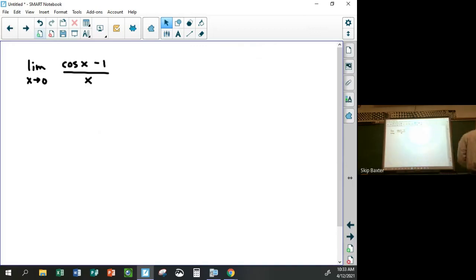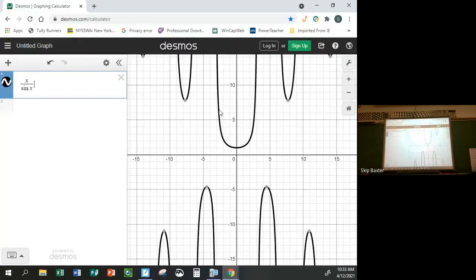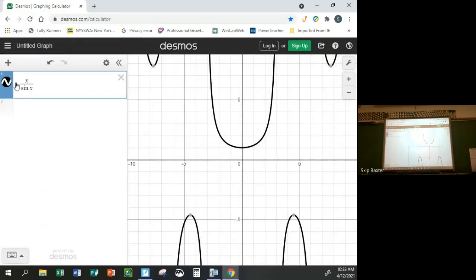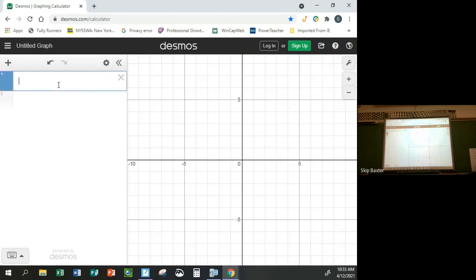Okay? So if I graph this function, cosine x minus 1 over x. Let me go back to just a normal default zoom. So I can delete this. So if I go cosine x, whoops, I think I need parentheses. Cosine x minus 1 divided by x.